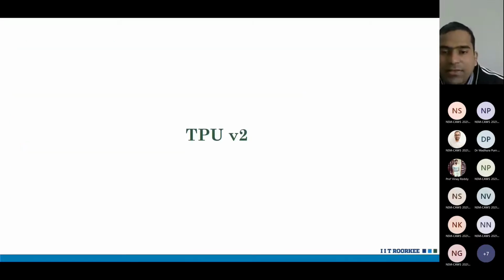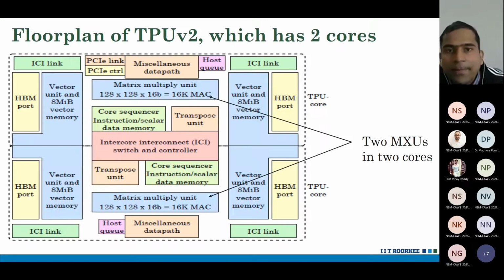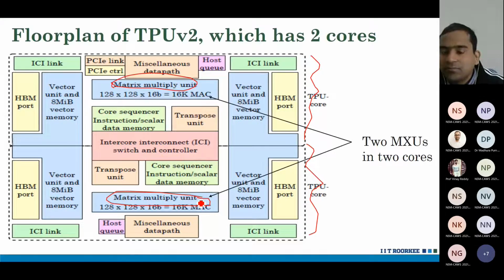Now we'll see the specific features of TPU version 2. This is a floor plan of TPU version 2, which has 2 cores. So this is 1 core, and this is 1 core. Now one core has one MXU, so this matrix multiply unit is called MXU. This core also has one MXU.